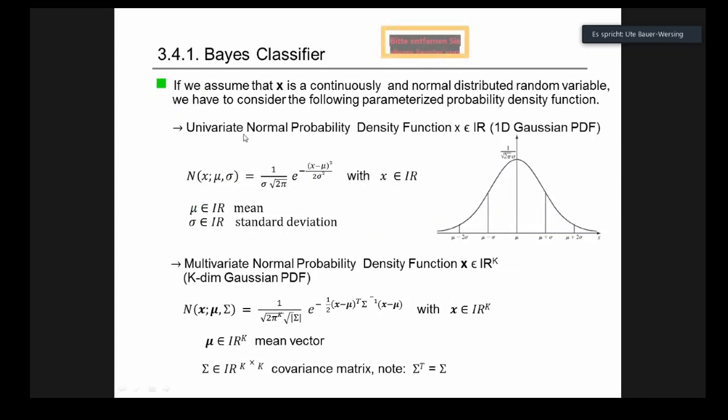Univariate is not so interesting for machine learning, because this is just one random variable, and you've seen already that we are working with high dimensional input vectors. We deal with multivariate normal probabilities in general, because we have multiple inputs to consider, and we have correlations between dimensions, correlation coefficients.